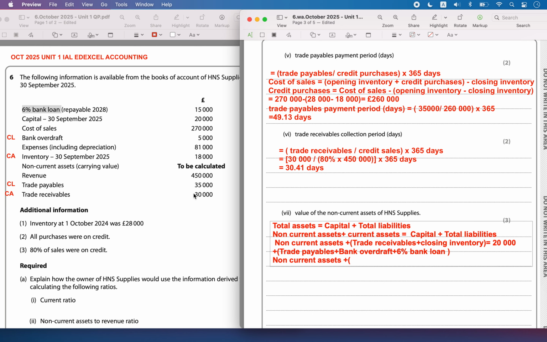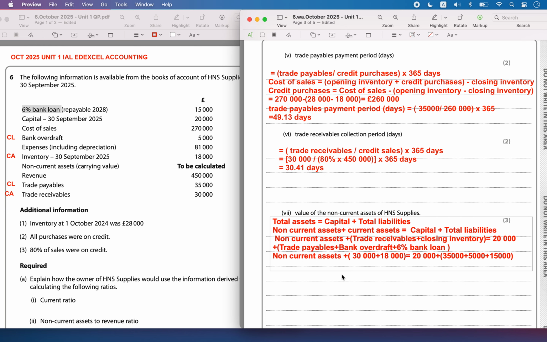Now substitute the values. First is the trade receivables, which is 30,000, plus the closing inventory value of 18,000. That should be equal to 20,000, the capital, plus the trade payables of 35,000, plus the bank overdraft of 5,000, plus the 6% bank loan of 15,000.